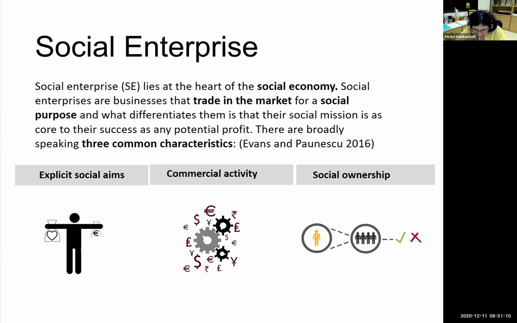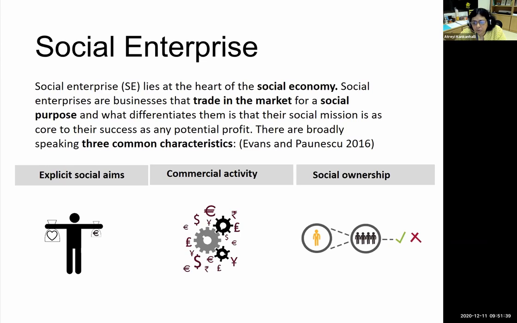Here, any profit is supposed to be reinvested back into the business and towards the social goals. But at the same time, the income is derived through some commercial activity, typically at least 50% of the income. So this is not merely through donations and grants and so on. So that's what characterizes a social enterprise.